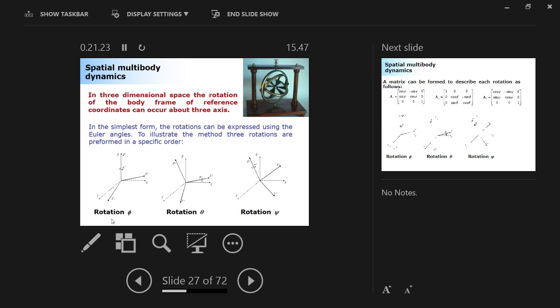Now we have a once rotated coordinate system. What we're going to do next is extremely important. We're going to take hold of the once rotated coordinate system, and we're going to rotate it again. This time we're going to rotate it around the x-axis, and the amount of our rotation is theta. And then we have a twice rotated coordinate system.